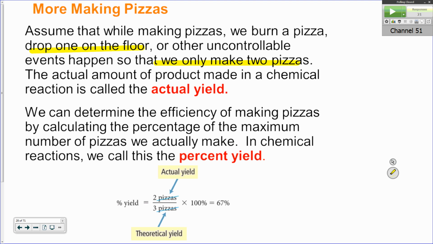So what happens in life and in chemical reactions is we have an actual yield that represents what we get at the end. A percent yield is a ratio of the actual divided by the theoretical times 100. It's your actual yield divided by your theoretical yield times 100 as a percentage.